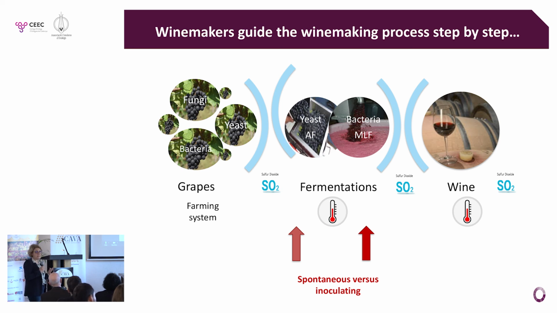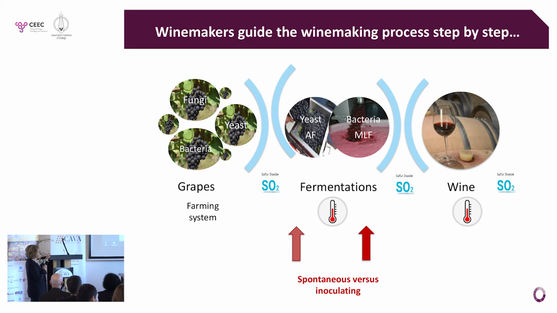And in that case, it's no longer useful to increase the amount of sulfites during the wine aging process, because you have strains that could survive and even grow and produce volatile phenols, considering a high amount of SO2.